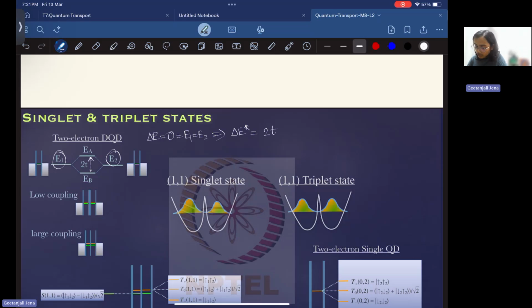This is what has been seen in this energy diagram.